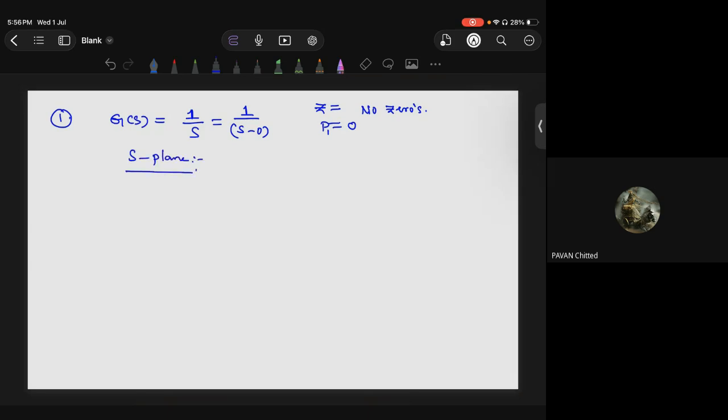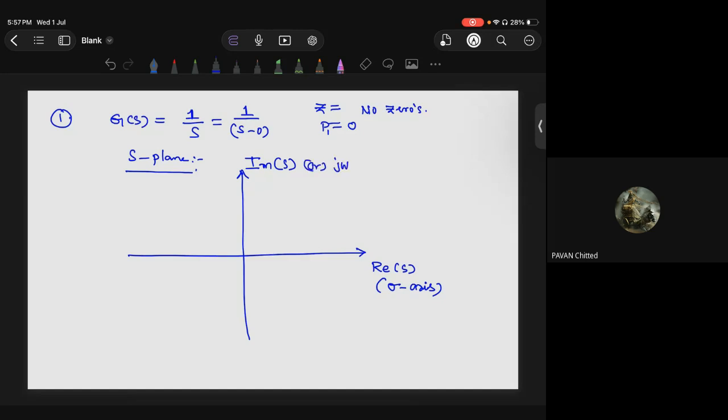Now we represent this in the s-plane. The s-plane is a two-dimensional plane. You have the real of s, which we also call the sigma axis, and the imaginary axis on the y-axis, which we also call the j omega axis.